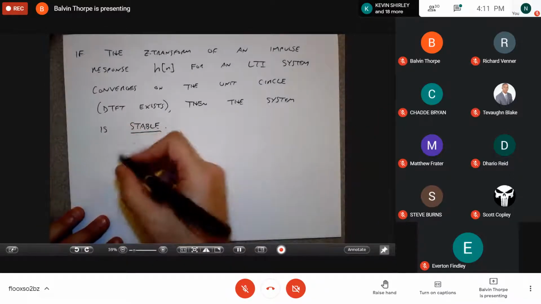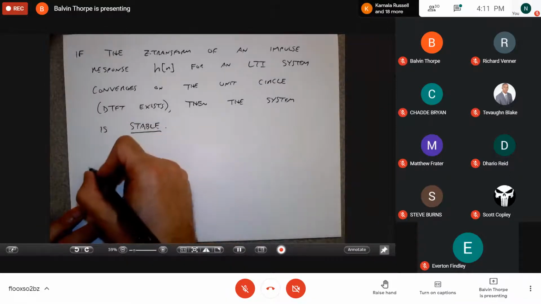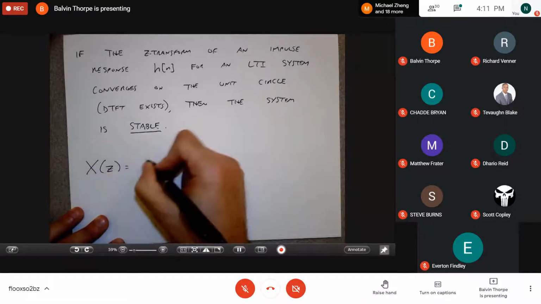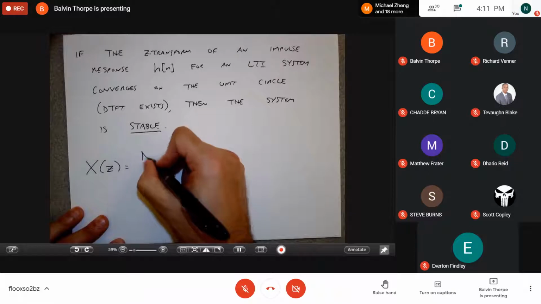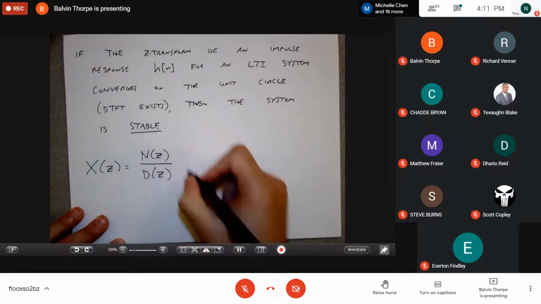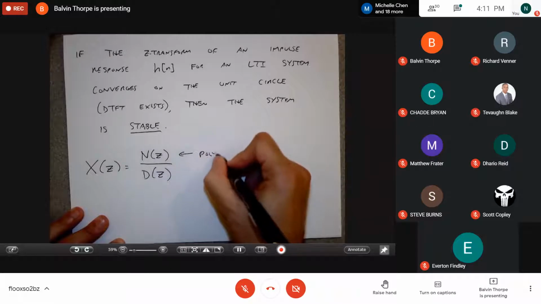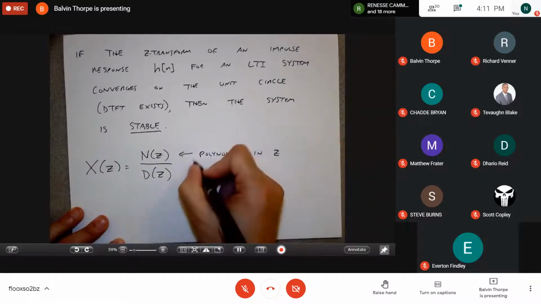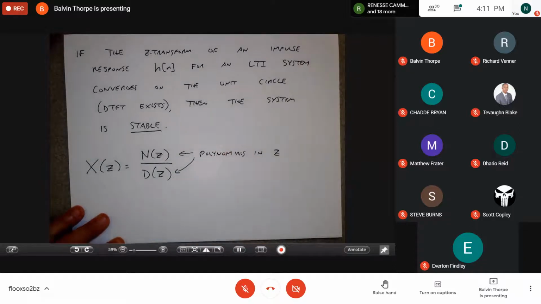So, as we're going to see, I'm just going to make a note of it now, that a lot of times we can write the Z transform as some numerator over some denominator, where these are both polynomials in Z. And some of the examples that we're going to do next are going to be in this form, okay?